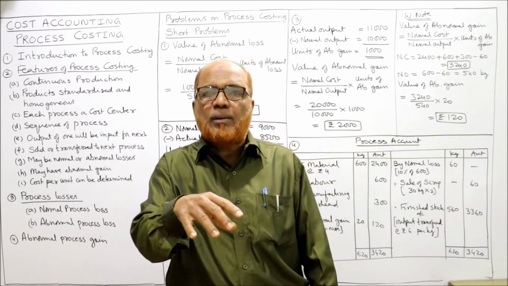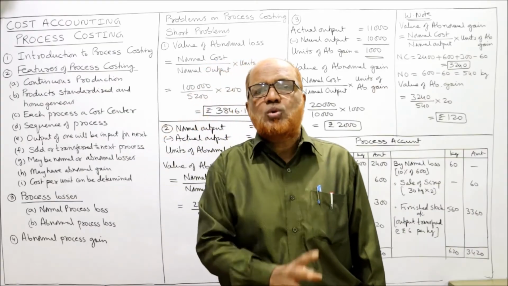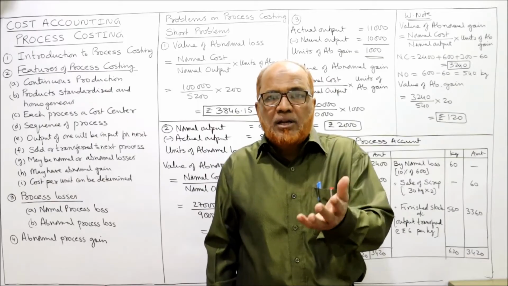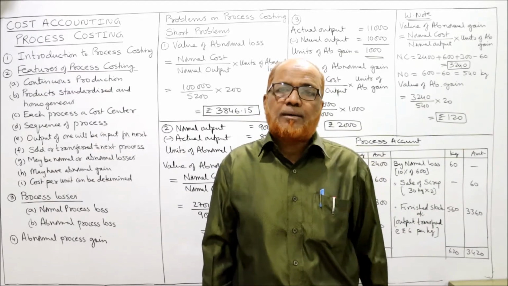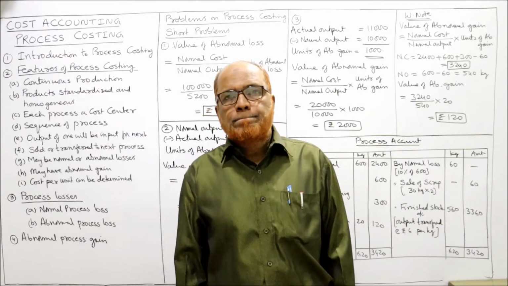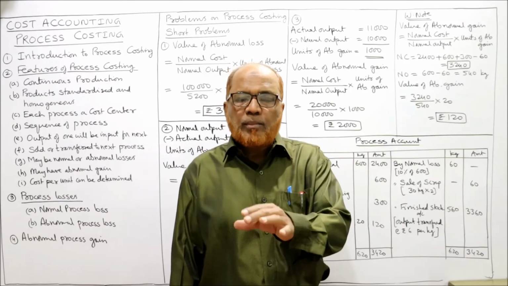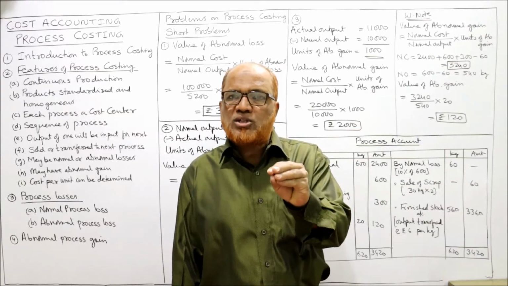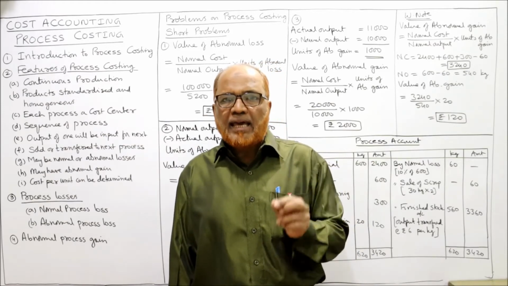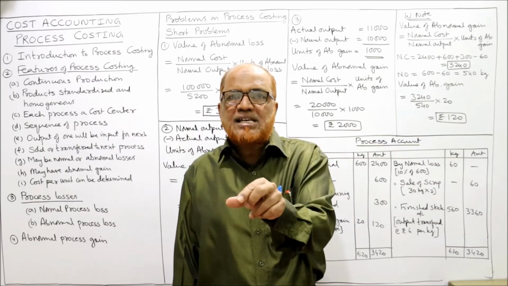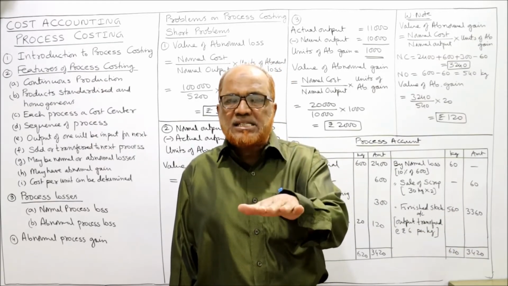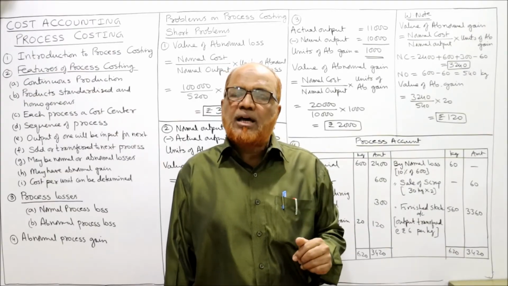But during a particular period, 92 tons sugar has been produced. निकलना कितना चाहिए? 90 टन होना चाहिए, मगर during a particular period 92 tons शुगर आ गया. तो 2 tons एक्स्ट्रा शुगर जो निकला उसको कहेंगे abnormal gain. नॉर्मल लॉस जो होना चाहिए 10 टन्स का लॉस होना चाहिए, लेकिन लॉस 10 टन्स नहीं हुआ, 8 टन्स लॉस हुआ. 8 टन्स का लॉस हुआ. 100 minus 8, 92 टन्स आउटपुट निकल गया. तो when the actual loss is less than the normal loss, it is called abnormal gain.